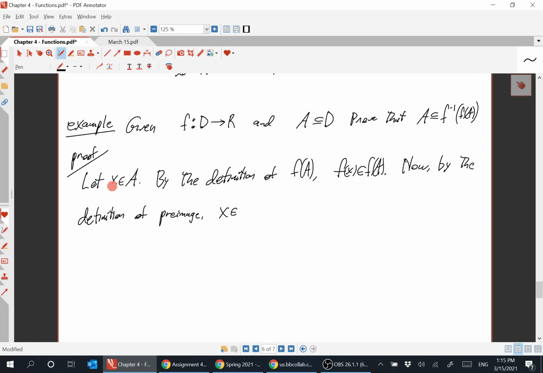But because x goes to f of x, which is in the image of A, where must x also be? If you had a subset B in the range, the preimage of B is everything in the domain that goes into B. So x, which is in A, its image, f of x, is in the image of A.